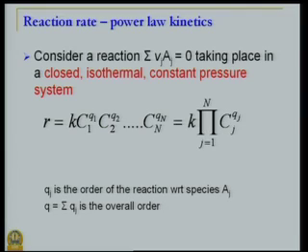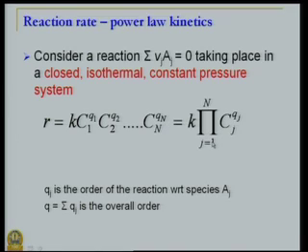Now, what is power law kinetics? Power law kinetics is, simply put, rate proportional to concentration of species 1 to the power q1, concentration of species 2 to the power q2, so product of all such, C1 raised to q1, C2 raised to q2, up to Cn raised to qn.